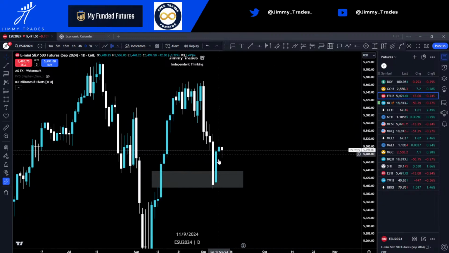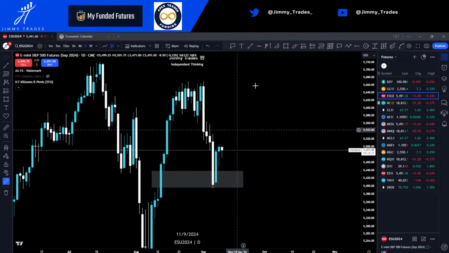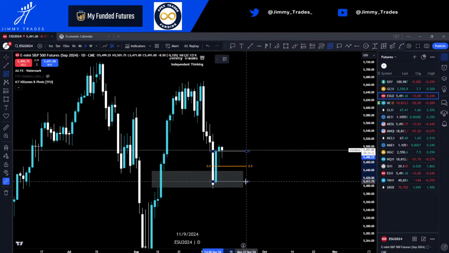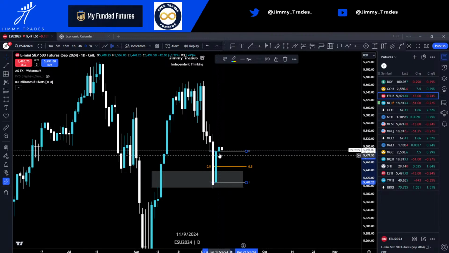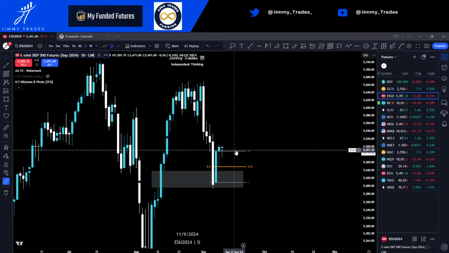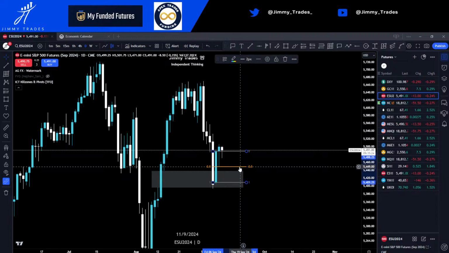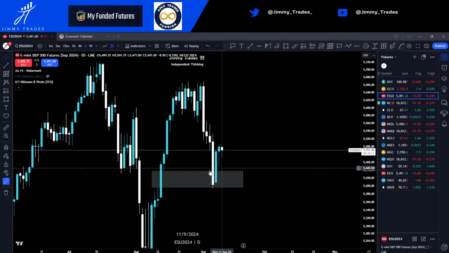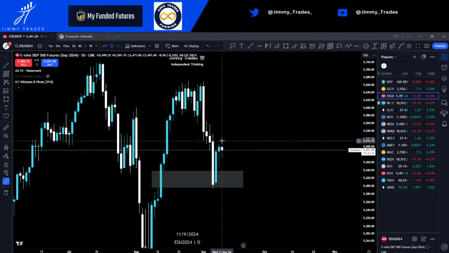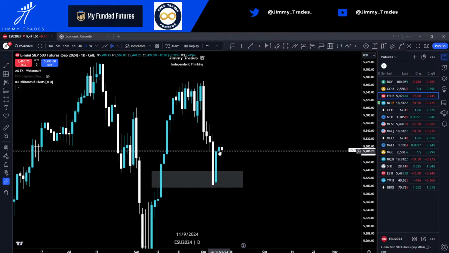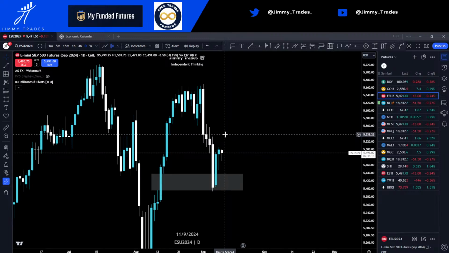We had this body of Monday respected, the 50% of that respected. You can see that almost perfectly. Yesterday, price reacted and pushed straight back up. And we got a close above. So using this for me as the most recent information, I'd be looking for price to continue to move higher.